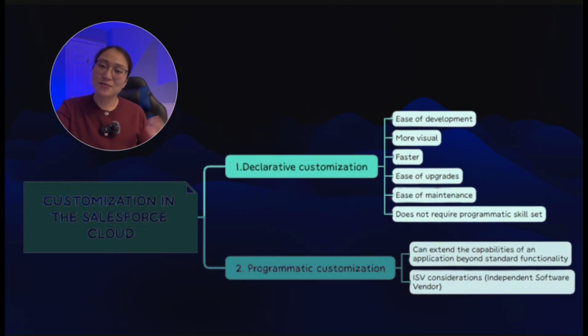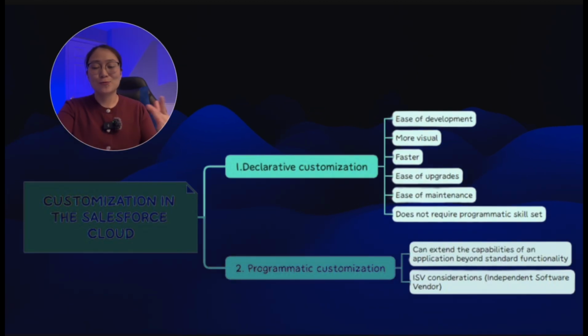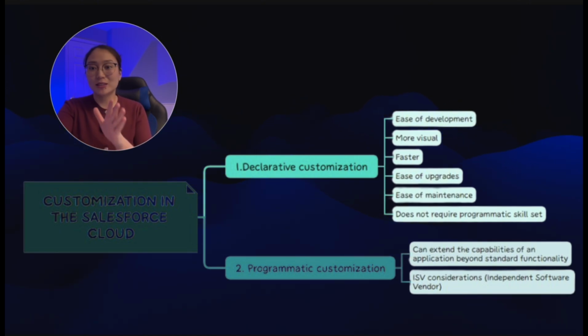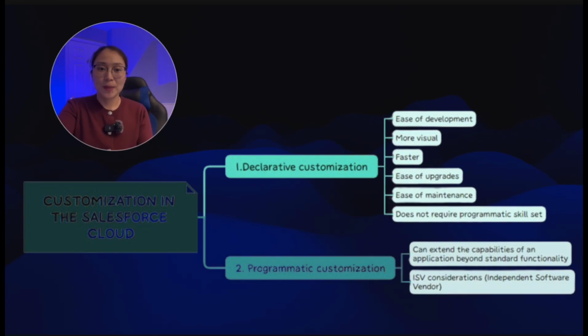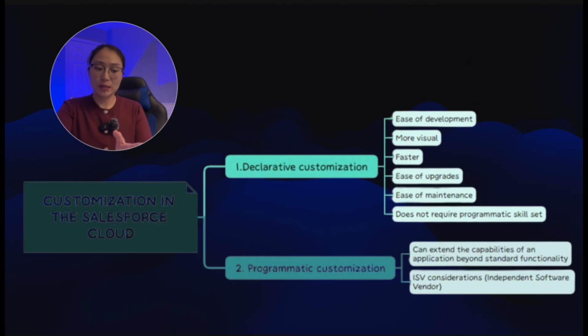That's why declarative customization is so powerful. It's visual, it's faster, it's easier to maintain. And when Salesforce releases updates, declarative solutions are usually easier to upgrade. This is also why most admins and app builders work mainly with declarative tools.